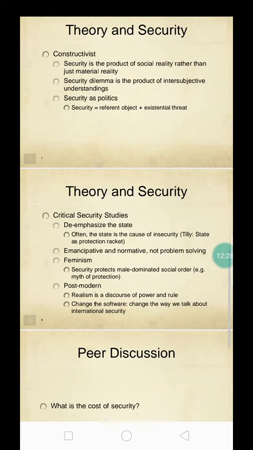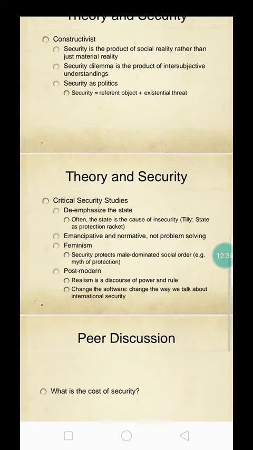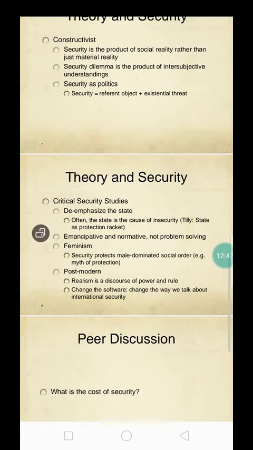So, feminism. Security protects the male-dominated social order, or might protection. Feminism is a subdiscipline of security studies that draws attention to gendered dimensions of security. Feminism is the study of the various forms and applications of security through a gender lens.